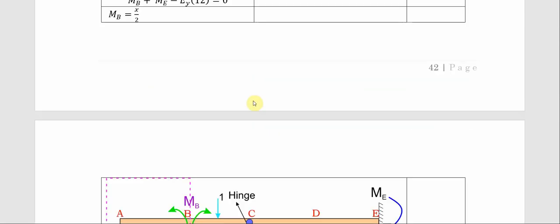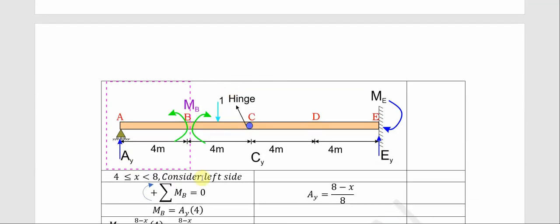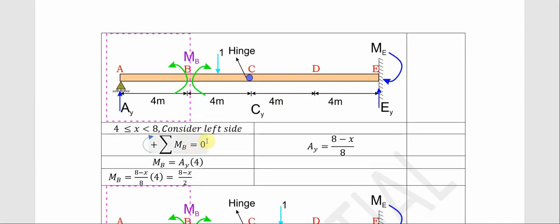Now let us consider when we move the load to this point. When we move the load to this point, we consider the left side. So if we are considering the left side, summation of moment about P to be equal to 0, we already know our EY is equal to 8 minus s over 8 from the initial calculation.